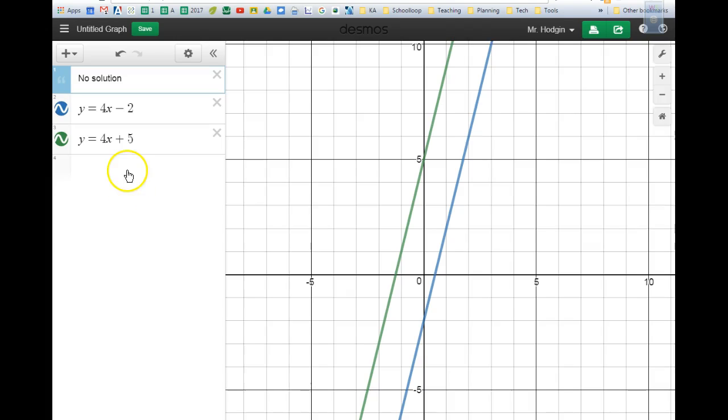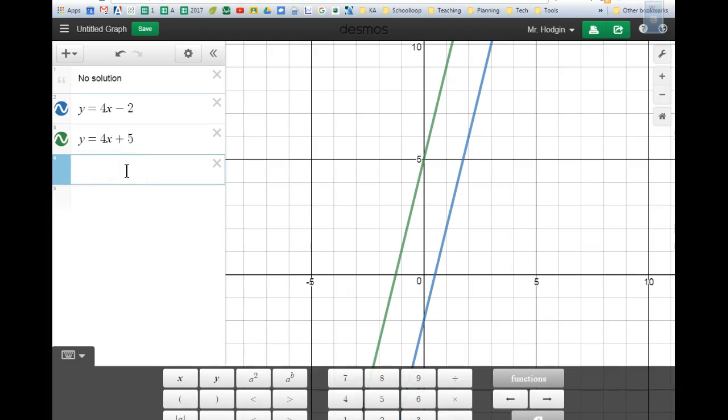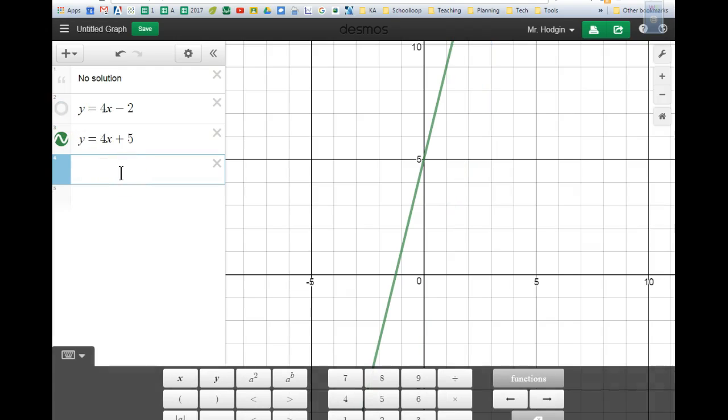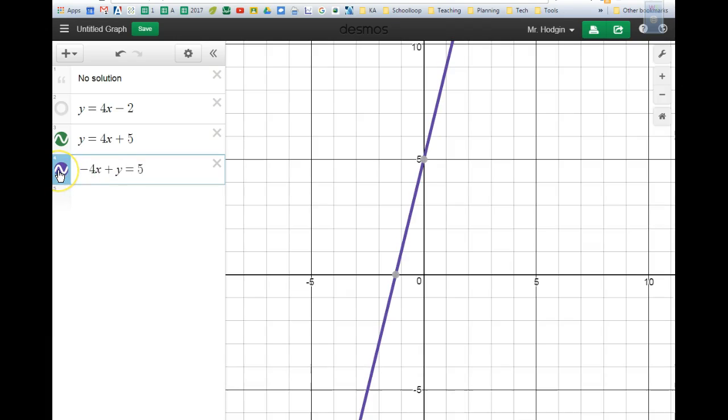Okay? And likewise, what if we had, let's take that one off. What if I had negative 4x plus y equals 5? I'll make this one dotted.